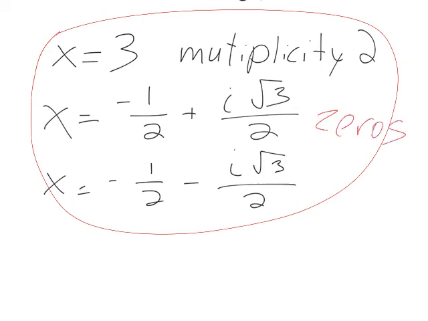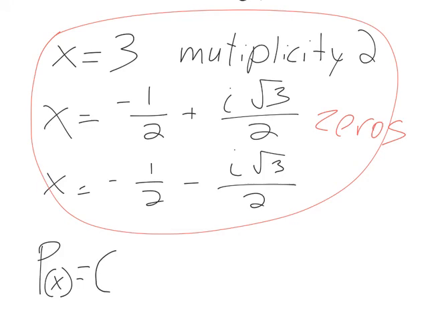But we also want to write the polynomial as a list of factors, okay? And so now here is where you would normally put that leading coefficient. You would make it a constant multiple and you'd put it right here. Our coefficient is 1, so we don't need it, okay? We don't have to put it there. We can start with our factors. All right, I'm going to write my factor from the x is equal to 3.